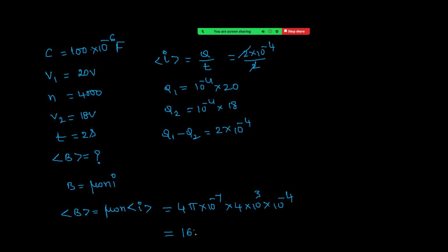So 16 pi 10 power minus 8 Tesla. That is the answer. The key point is how to calculate the average current; then we get the average magnetic field.